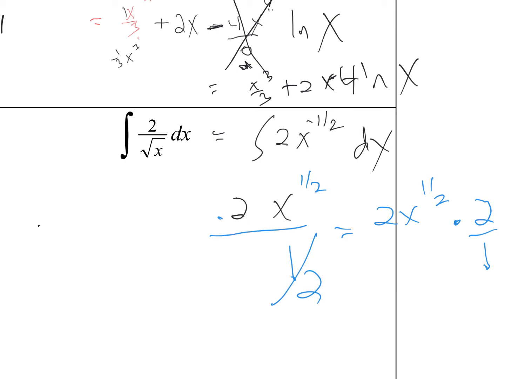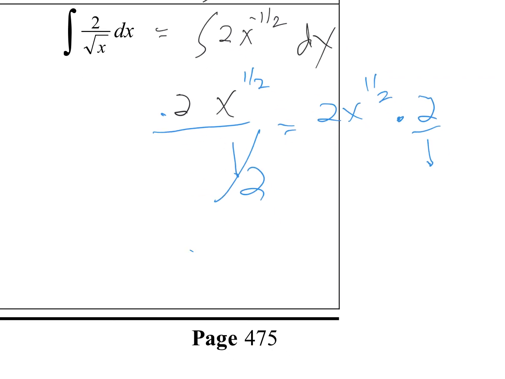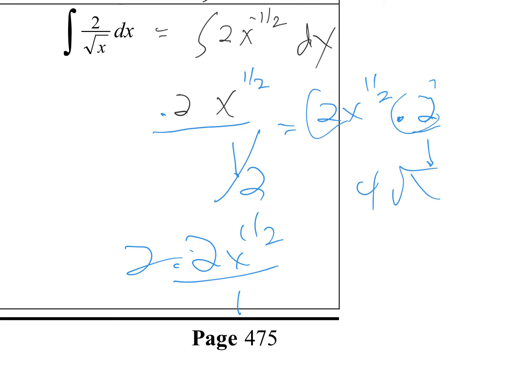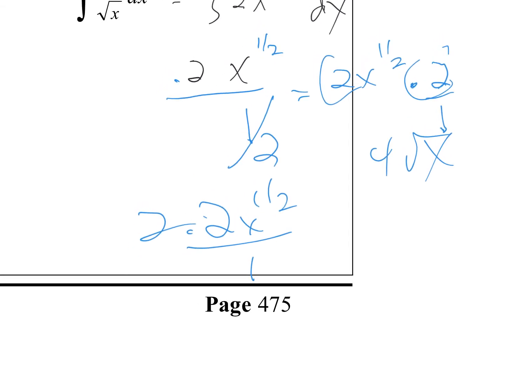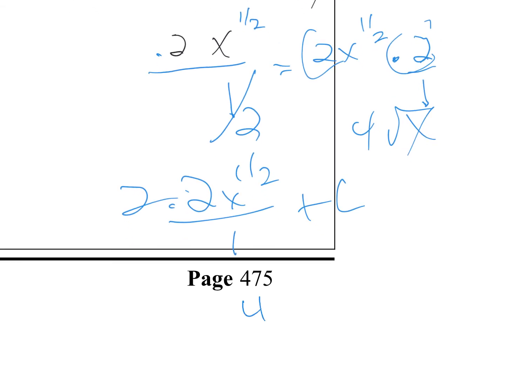So to me, it just makes more sense to say 2x to the half, divide by 1/2, and put the denominator up there, and you get the same answer. 2 times 2 is 4 square roots of x. And you can say plus c, so 4 square roots of x plus c is a perfectly good answer.